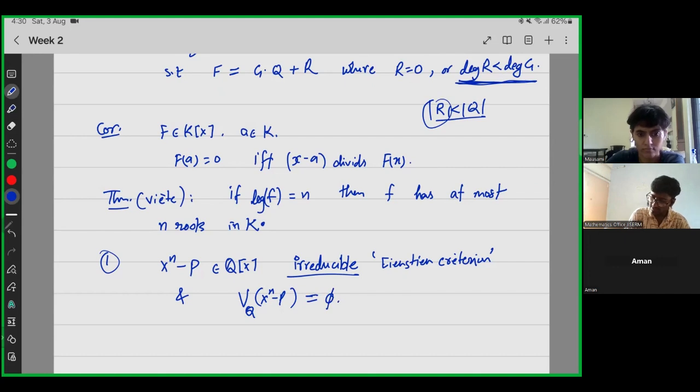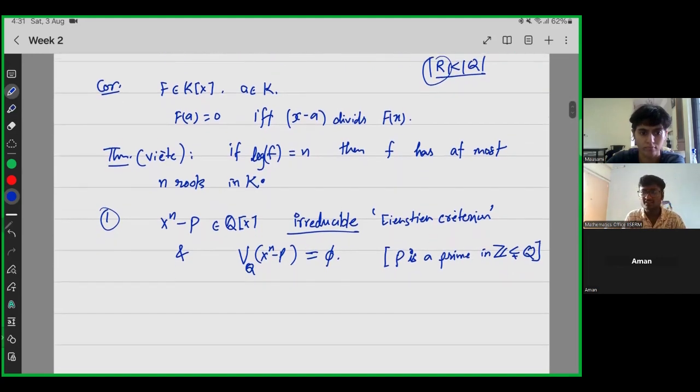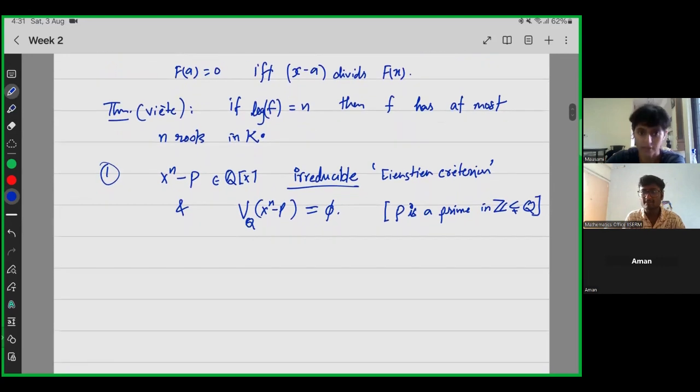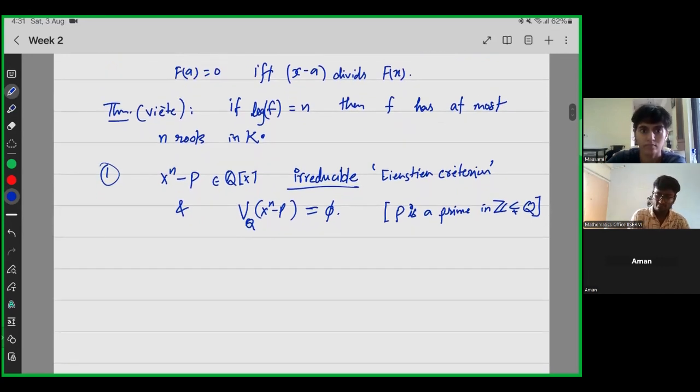So what is p here? Note that p is a prime in Z, which is a subset of Q. Eisenstein's criterion you remember, right? Okay, so let me continue with it.